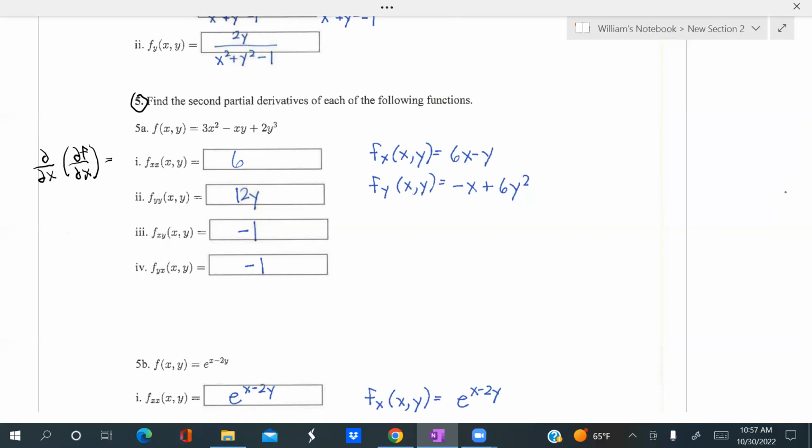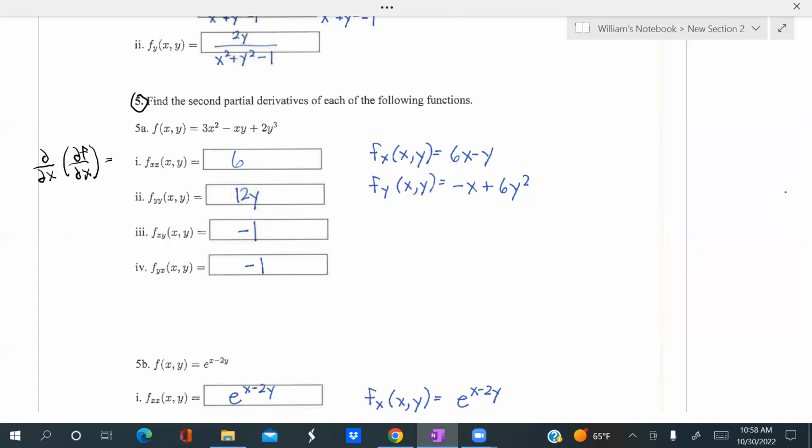So the classical notation describes the operation that you're carrying out when you're computing this second partial derivative with respect to x.